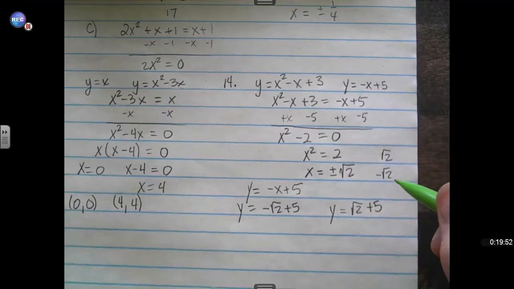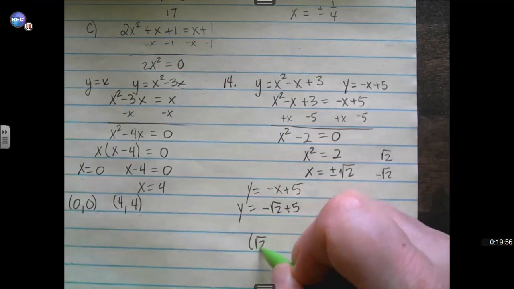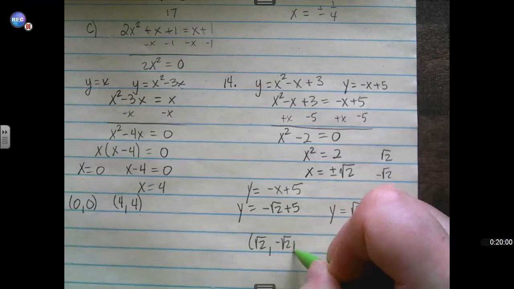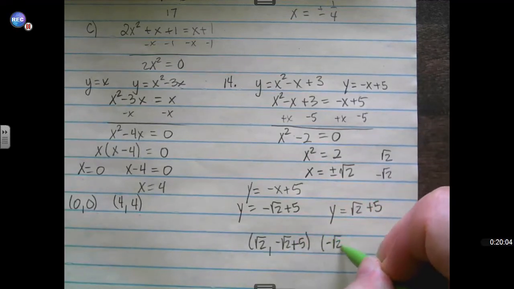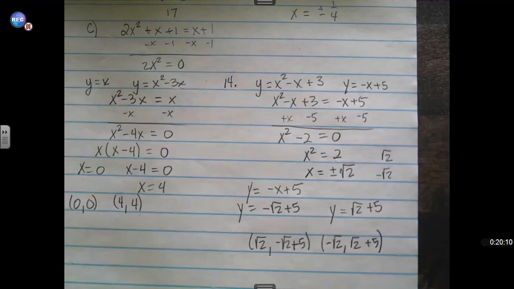So where do these two intersect? They intersect at the square root of 2, negative square root 2 plus 5, and negative square root 2, square root 2 plus 5. So that was number 14.